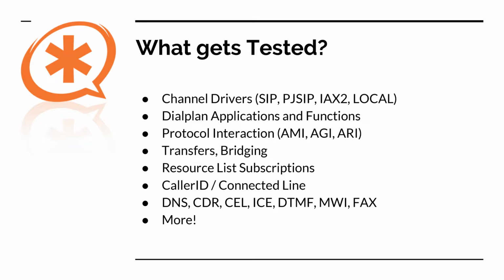So what gets tested? I don't think a lot of people realize how much stuff we actually do test. We test channel drivers: SIP, PJSIP, IAX2, local; the dial plan applications and functions that you use when you're using Asterisk; and protocol stuff, so AMI, AGI, ARI. We also test, which is really hard, transfers. If you do a transfer from your desk phone, we actually simulate that completely in tests, just as if someone was physically doing it.